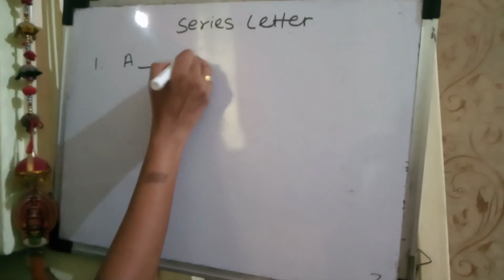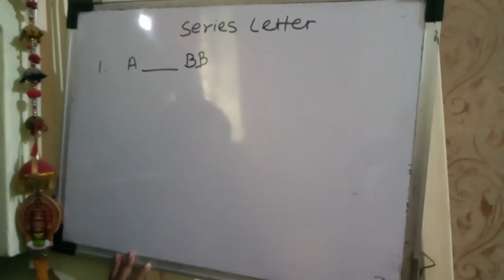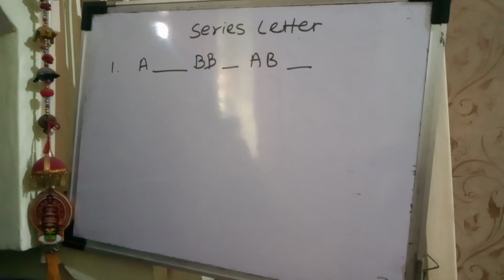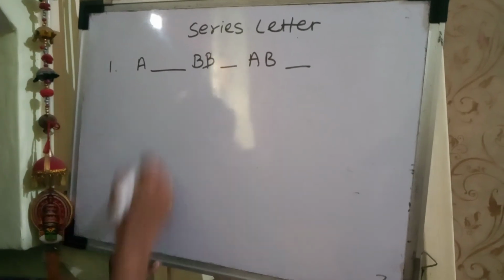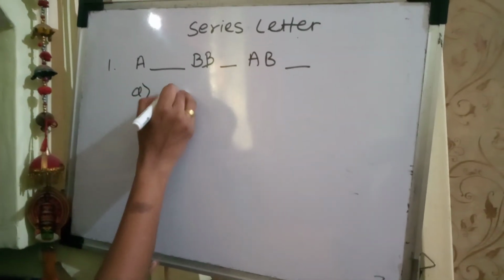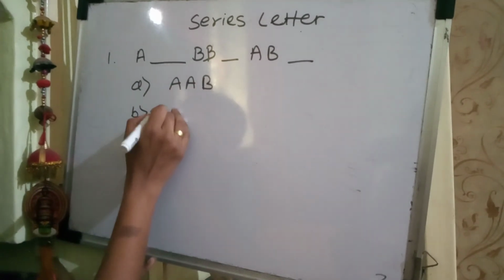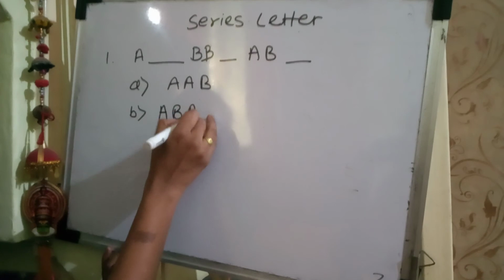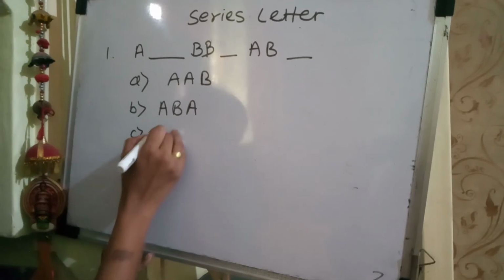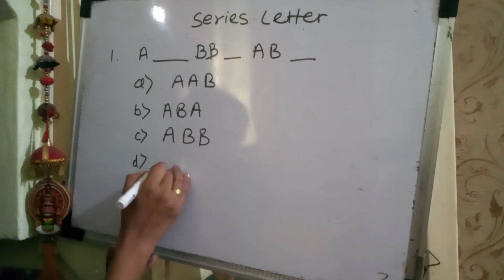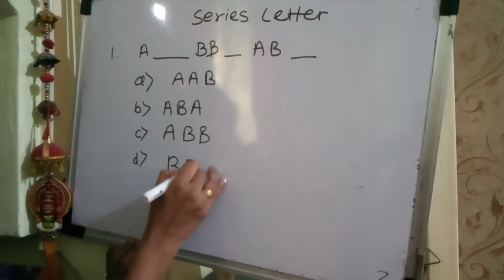Here we have to fill, then again a blank space, AB, and options are given: AAB, ABA, ABB, BAB.